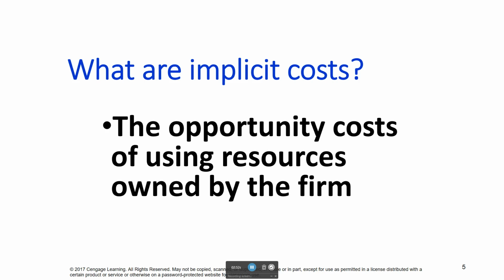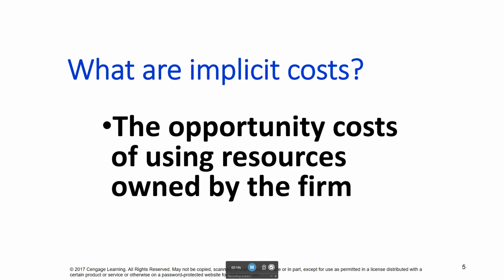What is the next best option for the owner's labor? Let's say he could get a job working for $50,000 a year or run his own business. The implicit cost of him using the labor within the business is the $50,000 a year salary that he foregoes.